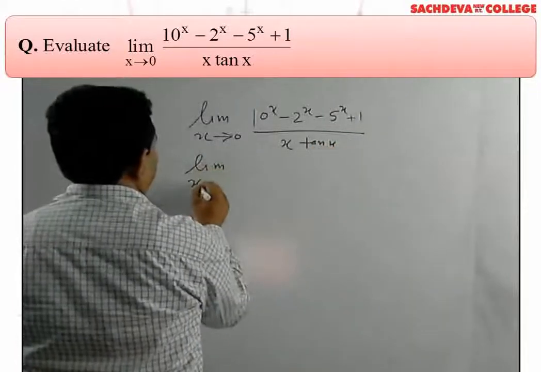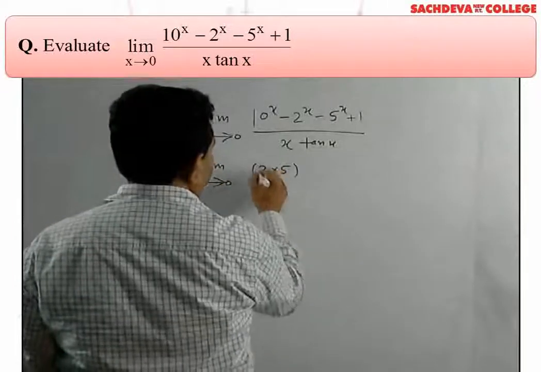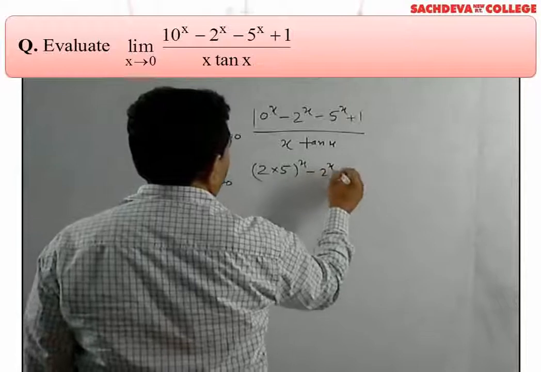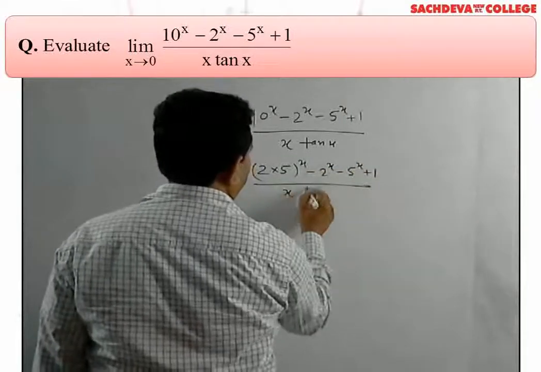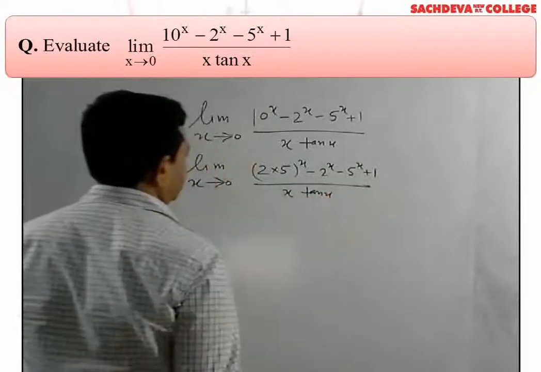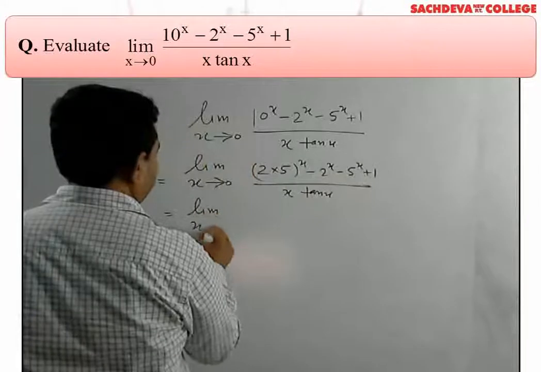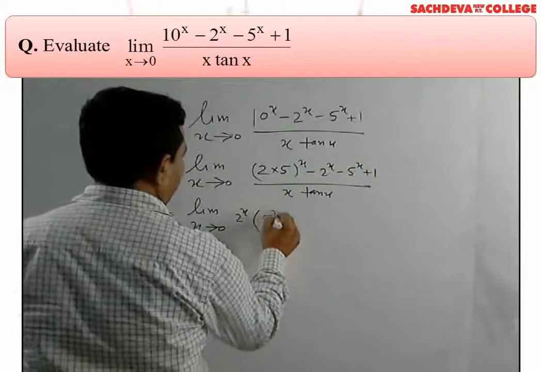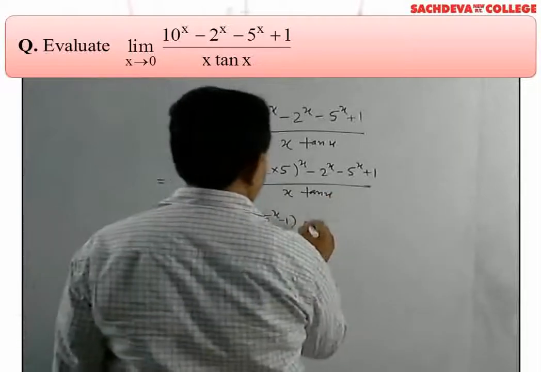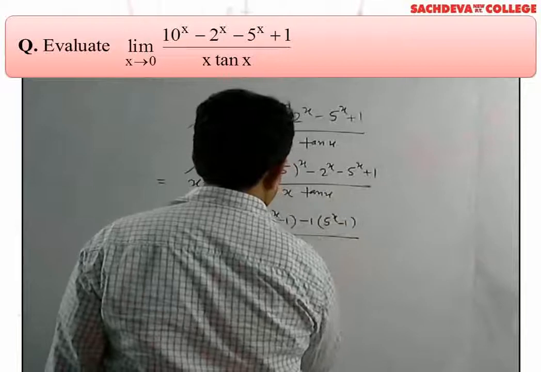This will be equal to limit x tends to 0, (2^x into 5^x - 2^x - 5^x + 1)/(x tan x), and will be equal to limit x tends to 0, 2 to the power x is common here, then we find 5 to the power x minus 1, and minus 1 is common, then we find 5 to the power x minus 1, divided by x tan x.